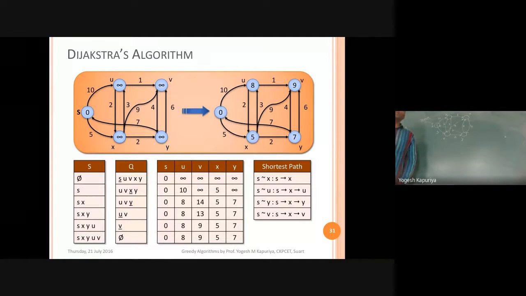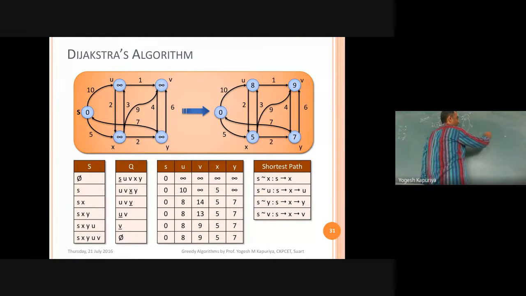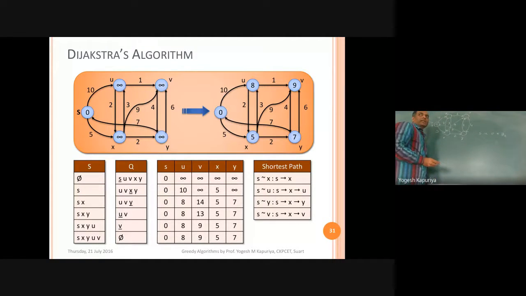So initially we assume that these vertices are disconnected. Disconnected means there doesn't exist any path between the source vertex and every other destination vertex. Because they are disconnected, we say that the distances are infinity. Right? So we will maintain again a queue.